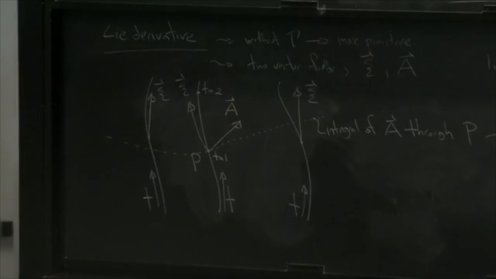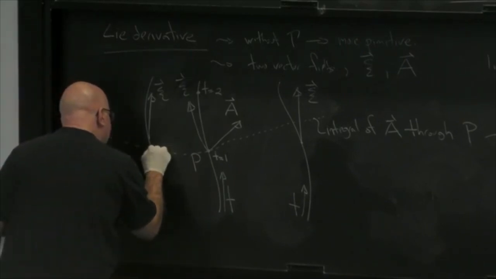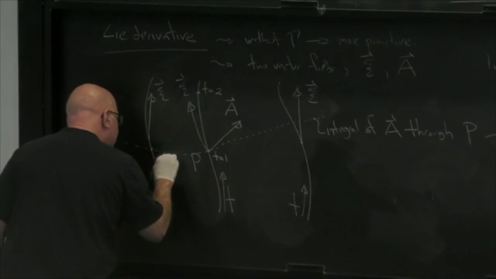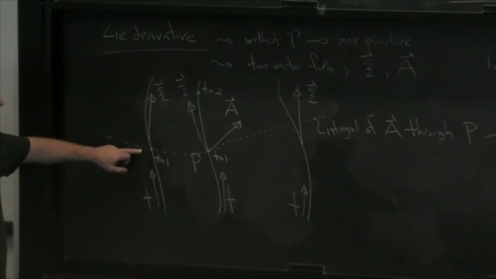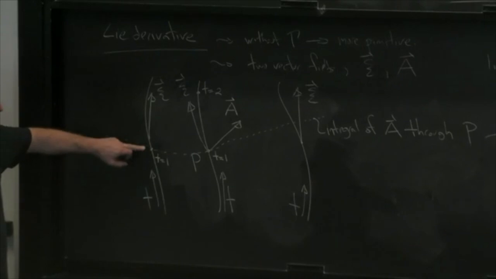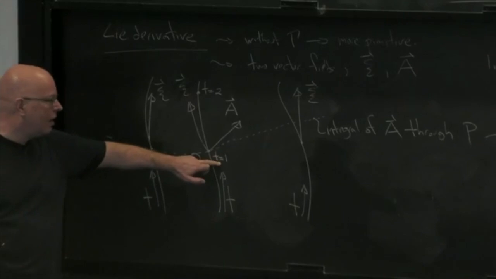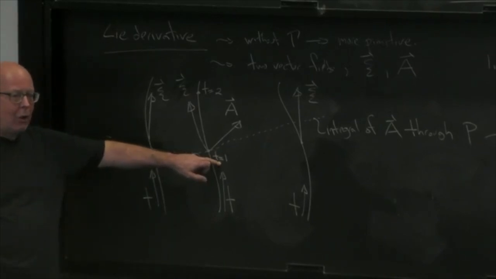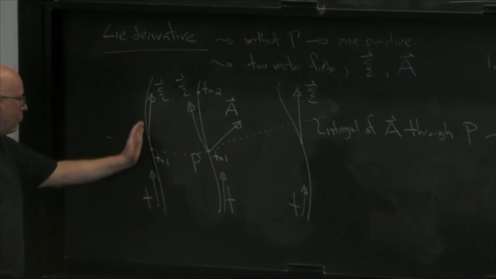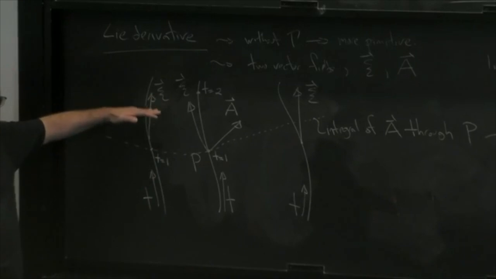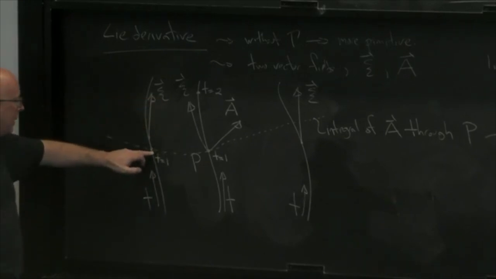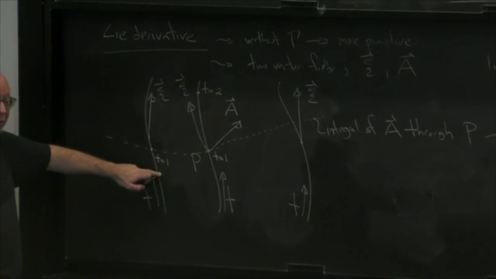But I'm going to use the freedom to change t by a constant on each curve so that I can arrange for the value of t right here to also be equal to 1. That's where the integral curve of A intersects that integral curve of C. And I'm making sure that this will happen at a constant value of the t parameter. All I have to do to arrange this is to see whatever parameterization I had there to begin with, and slide t by a constant in order to change whatever value used to be here to the desired value of 1.